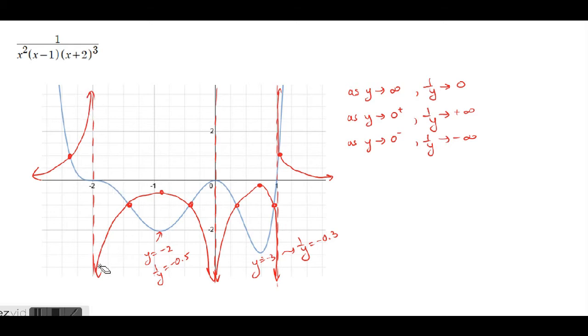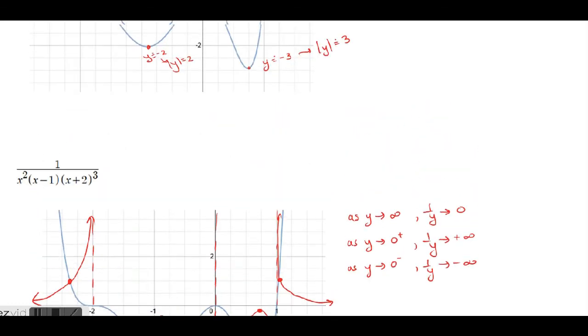If the multiplicity is even, the behavior near the asymptote will be in the same direction. Over here at x equals 0, both arms go in the same direction. And then this multiplicity here is odd, so the arms go in opposite directions. Just key things to remember, because it's easier than thinking about what it tends to instead. All right, we have one more type.